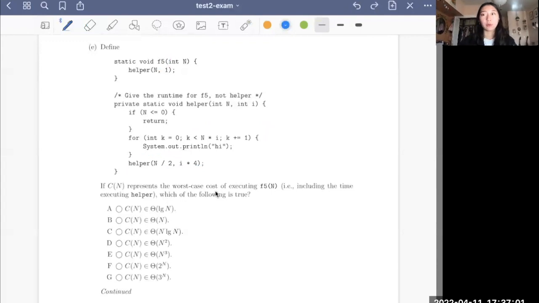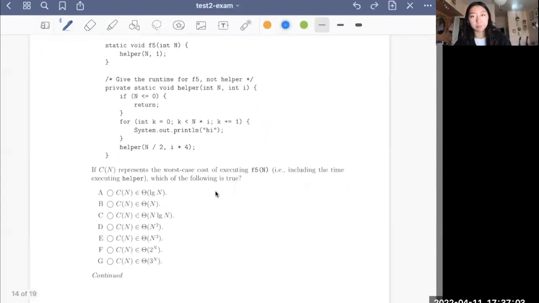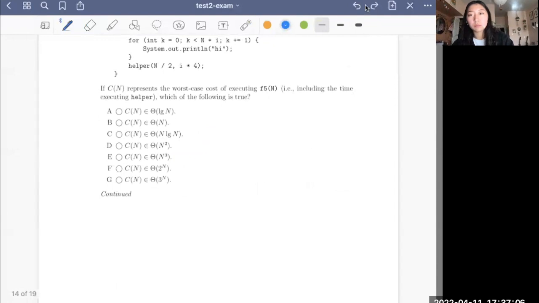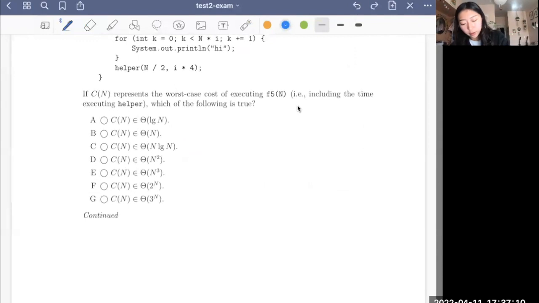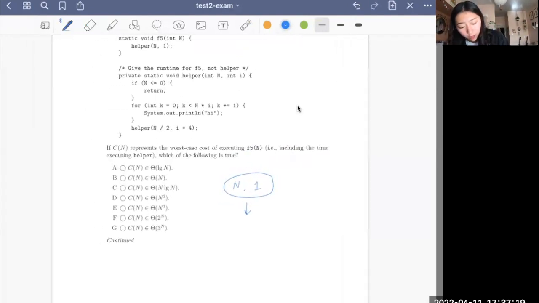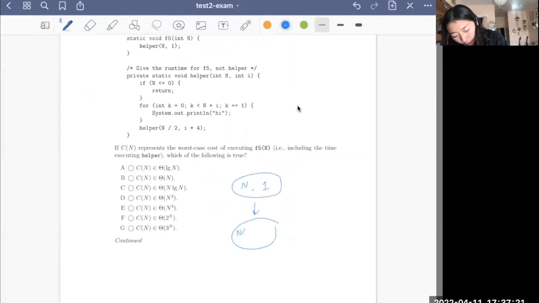Let's draw out the recursive call tree, right? So we start with a call that passes in n and 1. And this leads to a recursive call with n over 2 and 4.